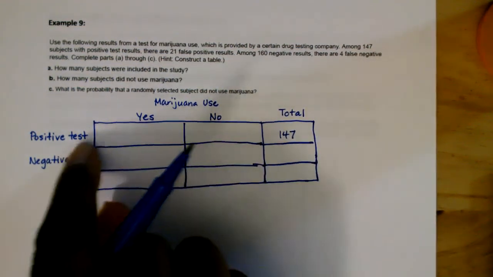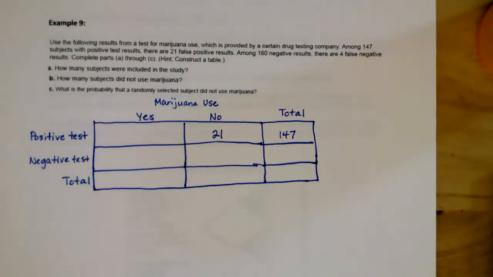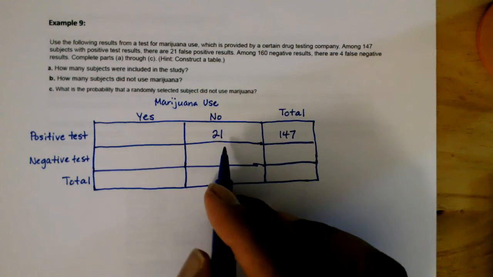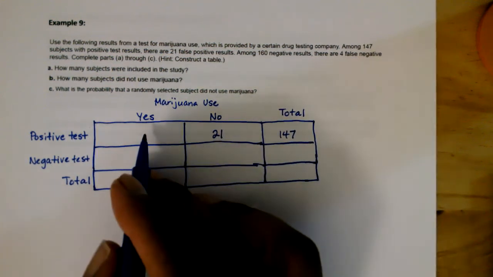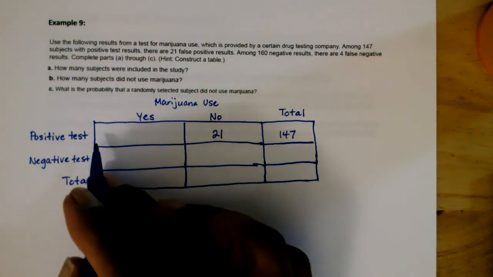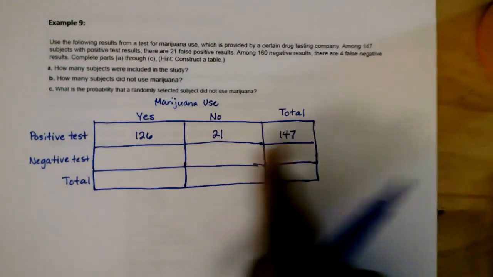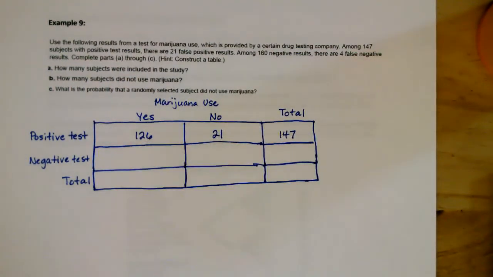So under no and positive test, that number will be 21. And I can subtract 21 from 147 to come up with this number right here, where they used the marijuana and came up with a positive test. That amount is 126. 21 from 147 will give you the 126.